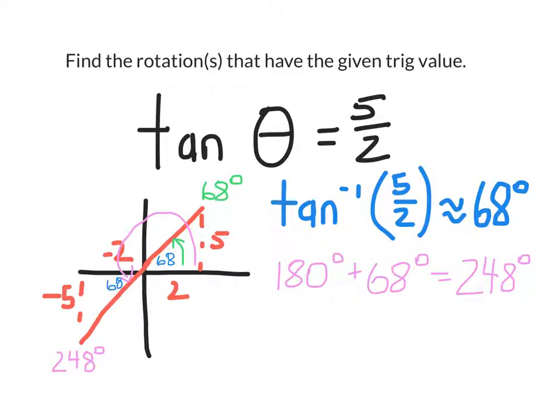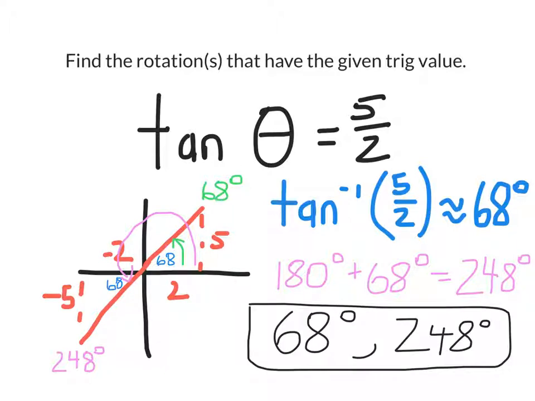So the first quadrant angle will be the same as the reference angle, or 68 degrees, and for the third quadrant angle I will add 68 degrees to 180 degrees to get 248 degrees. Therefore, my two rotations where tangent of theta equals 5/2 are 68 degrees and 248 degrees.